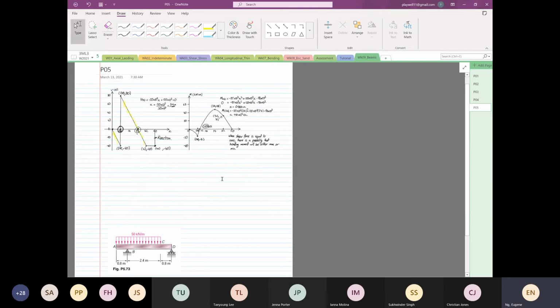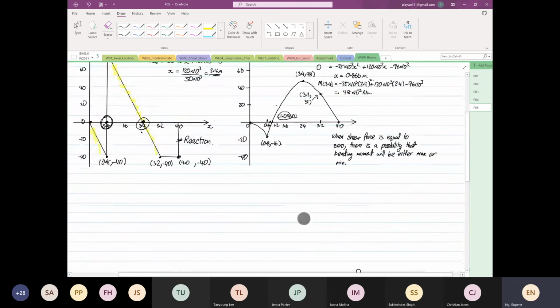There are a few things that you can observe with these two diagrams.